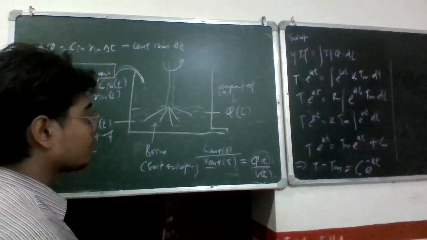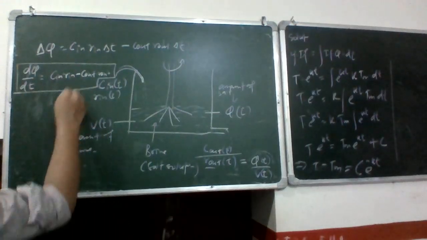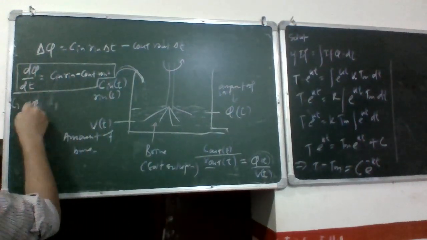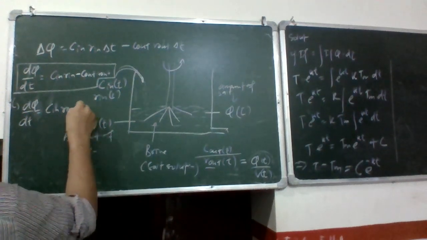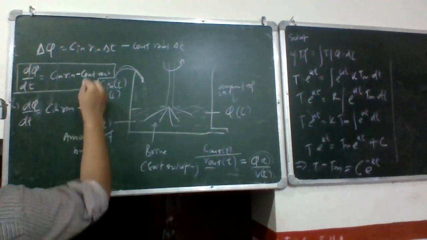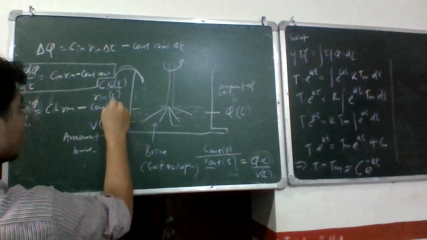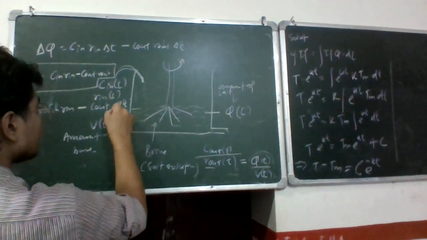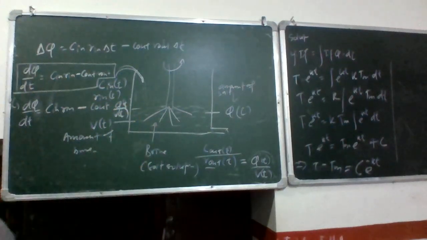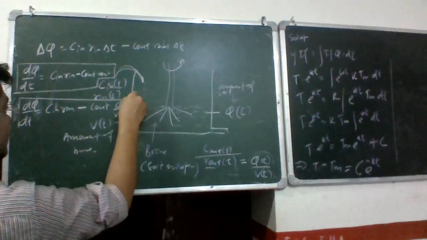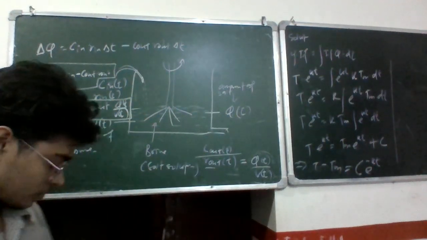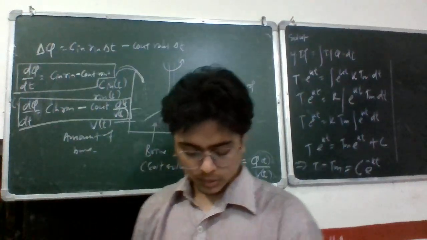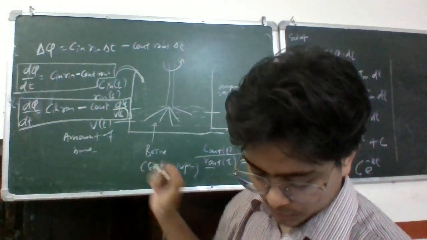If you do so, then we can write this equation as dQ by dt equals C in R in minus C out times Q of t by V of t. This becomes a differential equation.